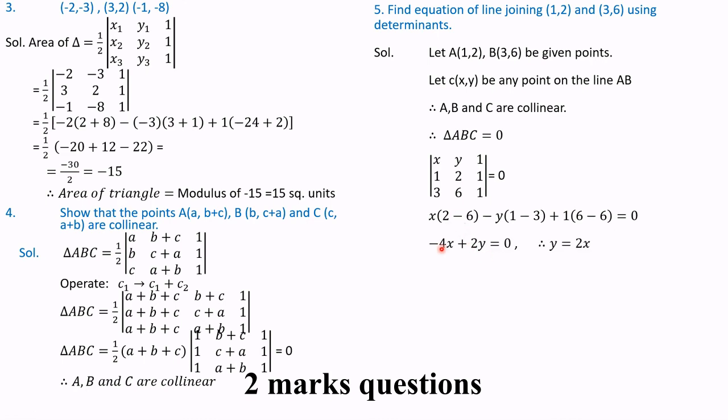Therefore, minus 4x, minus into minus is plus 2y. This becomes 0. Therefore, it equals 0, or y is equal to 2x. That is the value. Hence, we can put the values of x. y is equal to 2x.